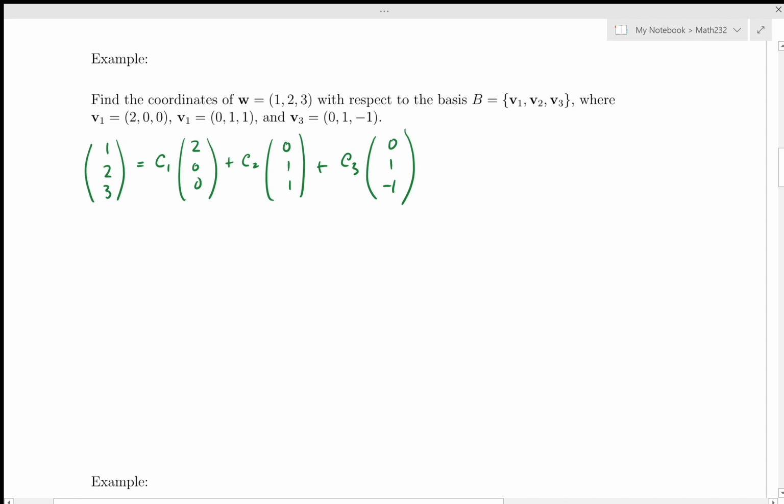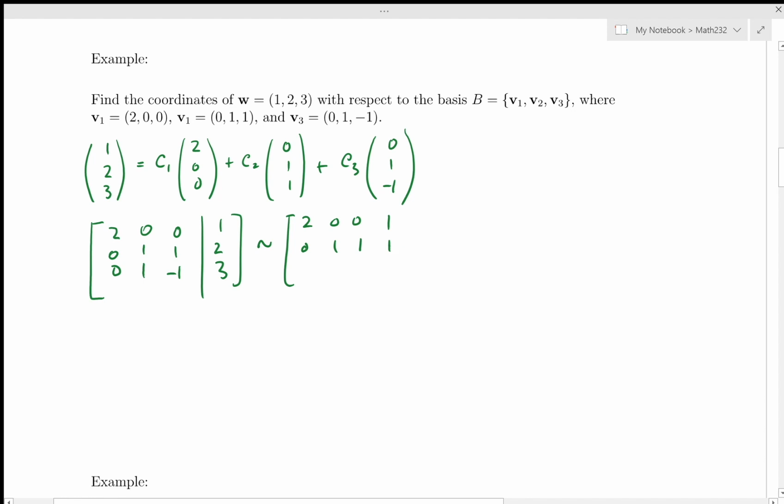What we have to do is form the augmented matrix, there it is, and row reduce. And just changing that third row there. There it is, I've row reduced it.